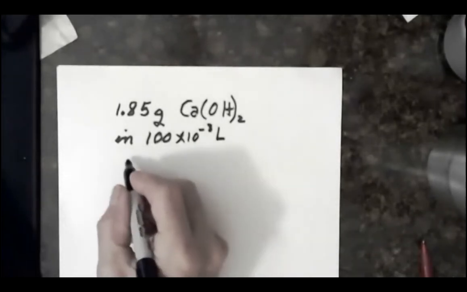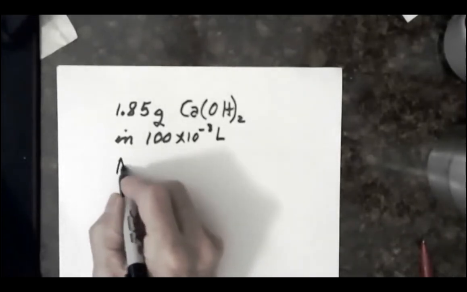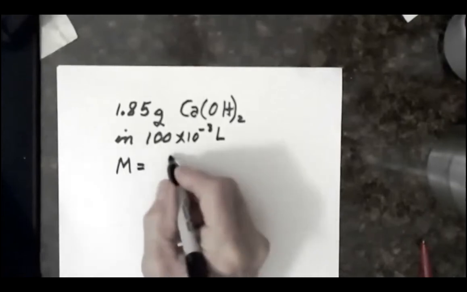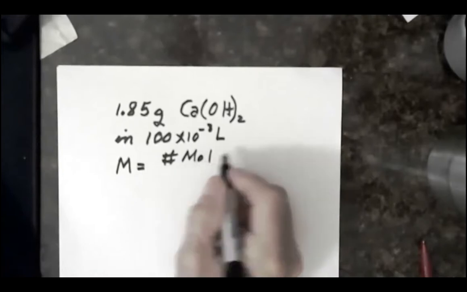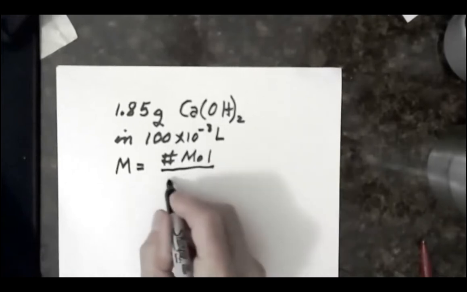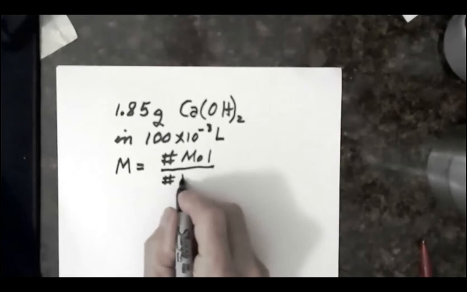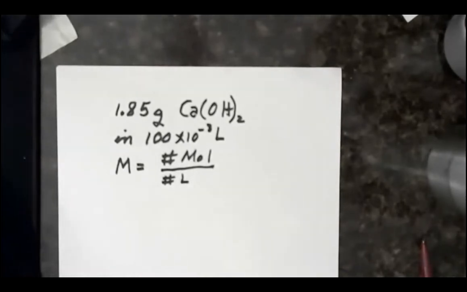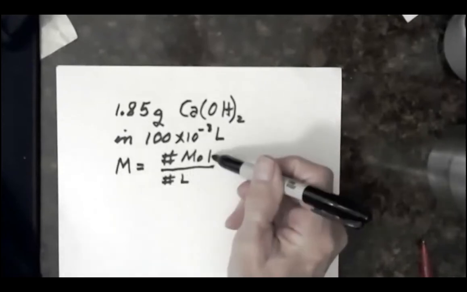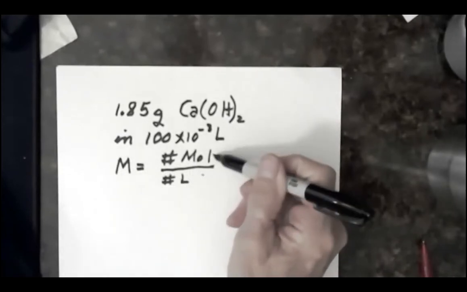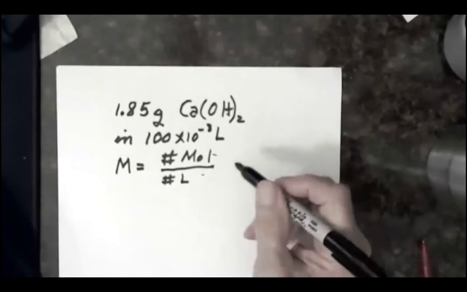Now it asks for the molarity. The molarity of the solution is the number of moles of the solute divided by the number of liters of the solution. Anytime a problem asks us to calculate the molarity, we're going to have to get these two numbers and substitute them in to do the calculation.